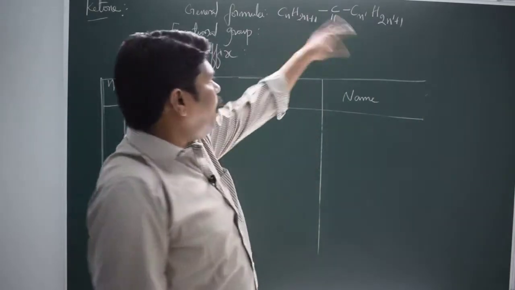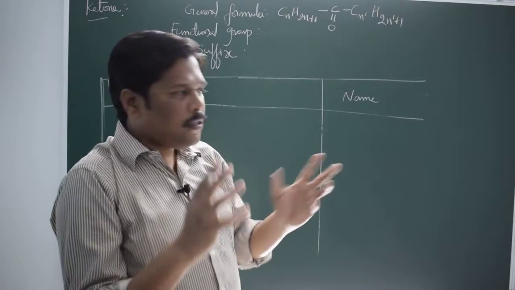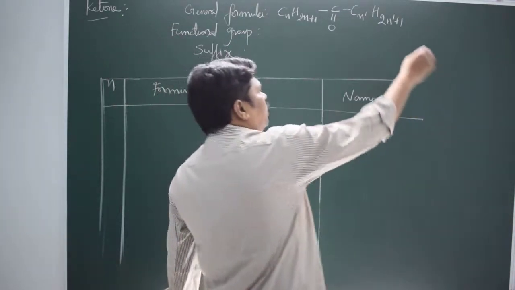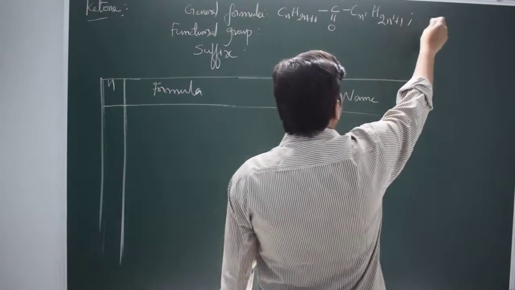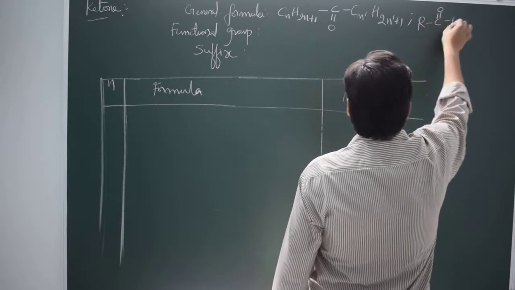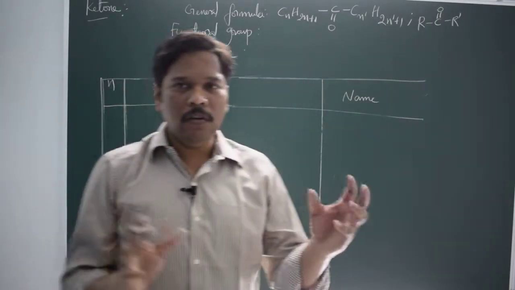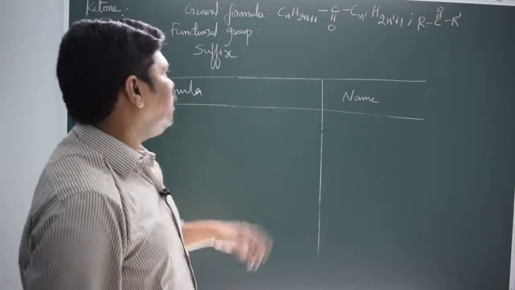So in between 2 alkyl groups there is a ketone, joined by CO. The short form is R, C double bond O, R'. R and R' represent the 2 alkyl groups on either side of the ketone CO.